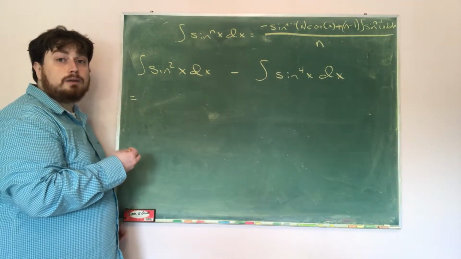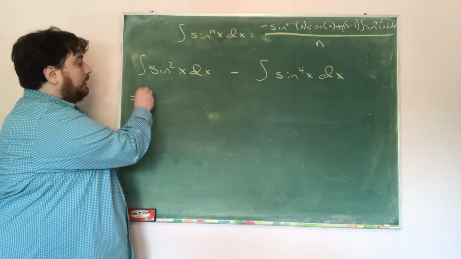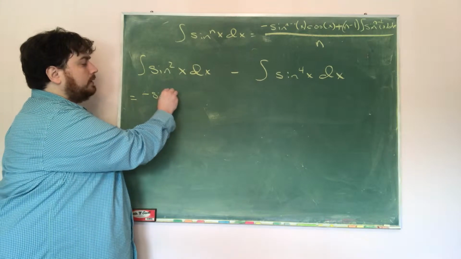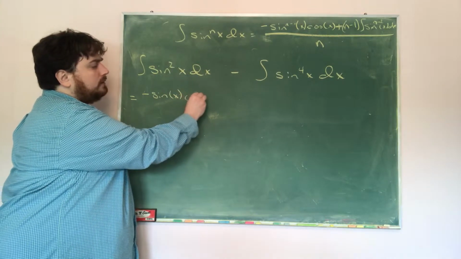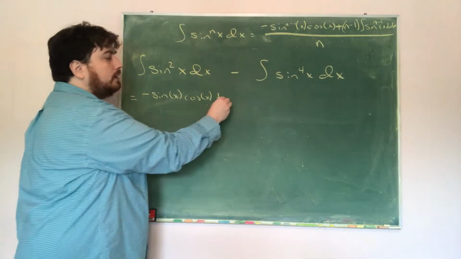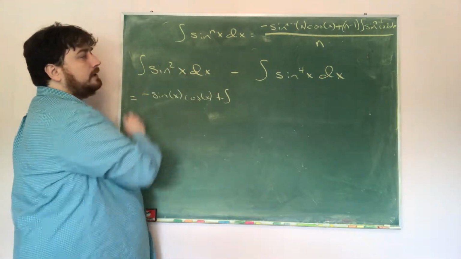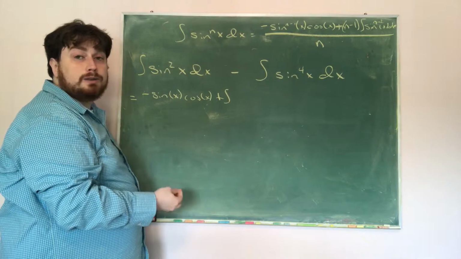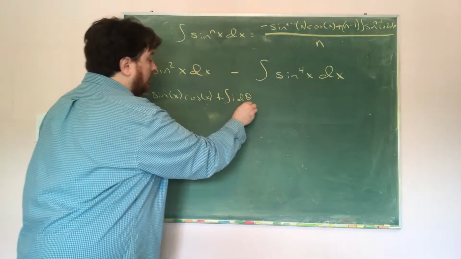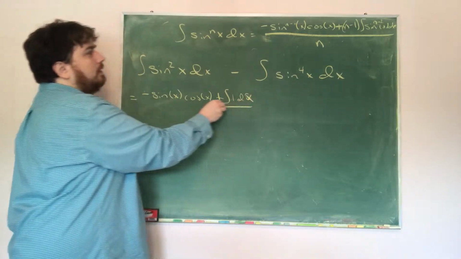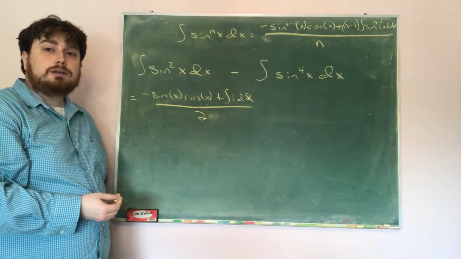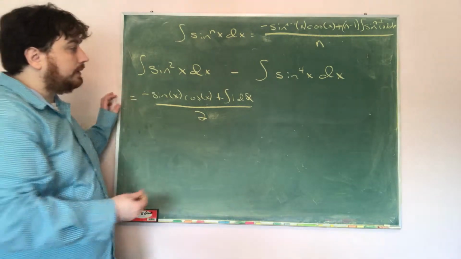The integral of sine squared is going to be negative sine to the 2 minus 1, which is 1, times cosine plus 2 minus 1, which is 1, times the integral of sine to the 2 minus 2, so sine to the 0, which is just 1, dx, all over n, which is 2.